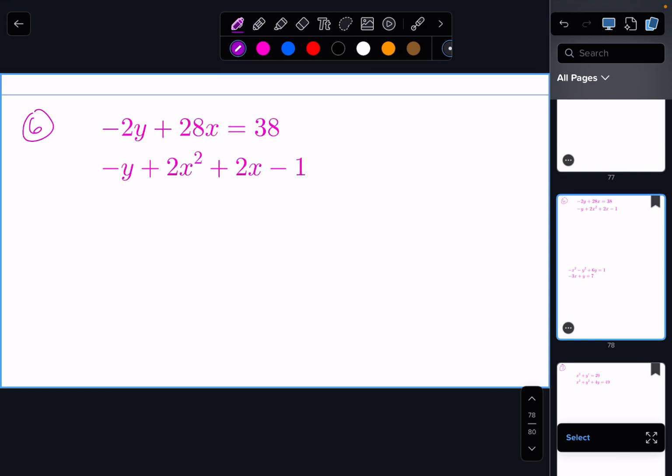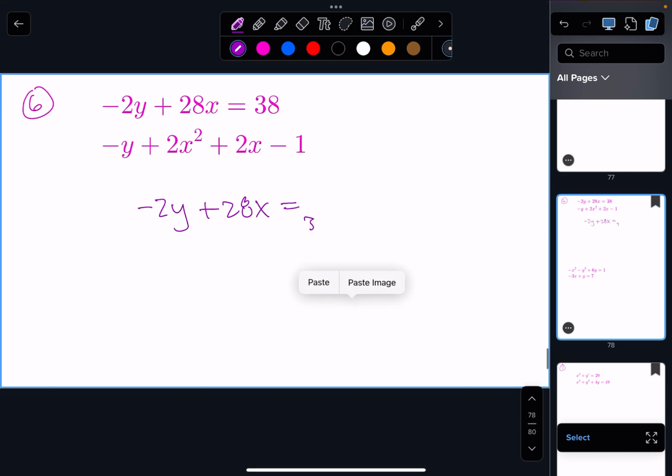You can substitute any way you want, but this x squared right here makes me want to substitute for y. So I'm going to take the first equation, negative 2y plus 28x equals 38. There's not a right or wrong easy version.